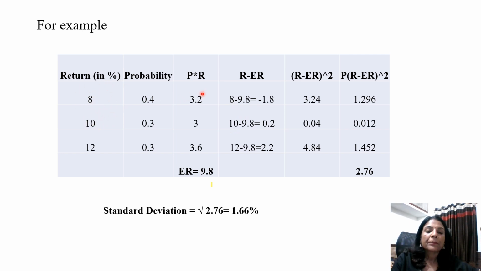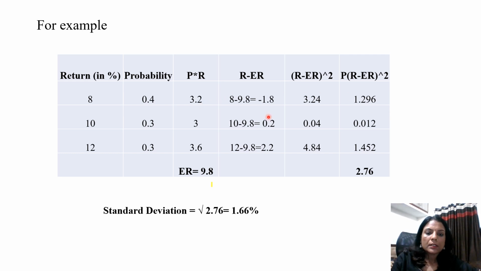So the next column is return minus expected return. After that, whatever value of R minus ER we get should be multiplied by the same value, meaning we take the square of R minus ER. The last column is multiplying this value with the probability. So if you remember this format, it will be very easy to calculate the standard deviation.